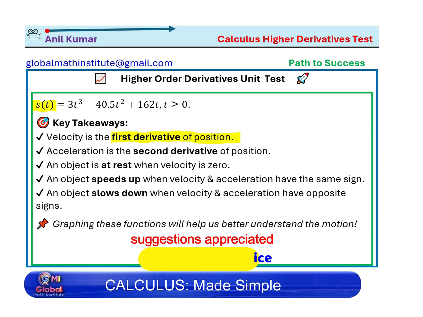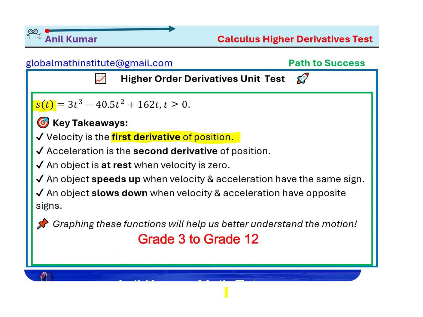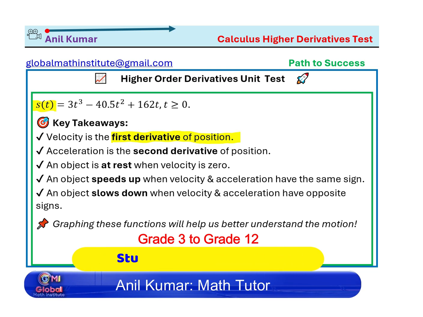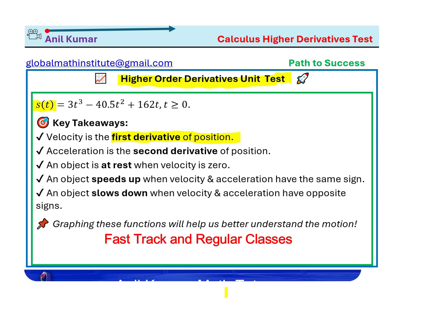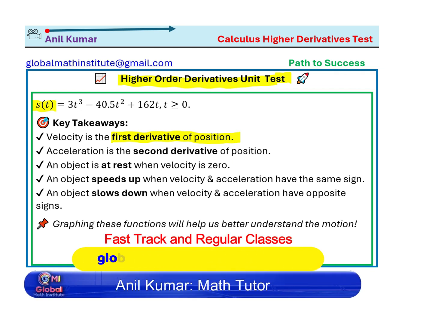Acceleration is the second derivative of position, or you can say it is the derivative of velocity. And that is what brings us to the higher order derivatives test, right? There are many practical applications where we are looking into derivatives of derivatives, that is, the rate of change of rate of change.